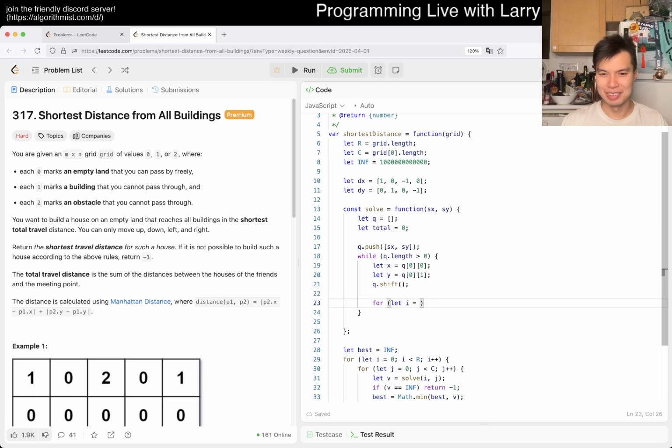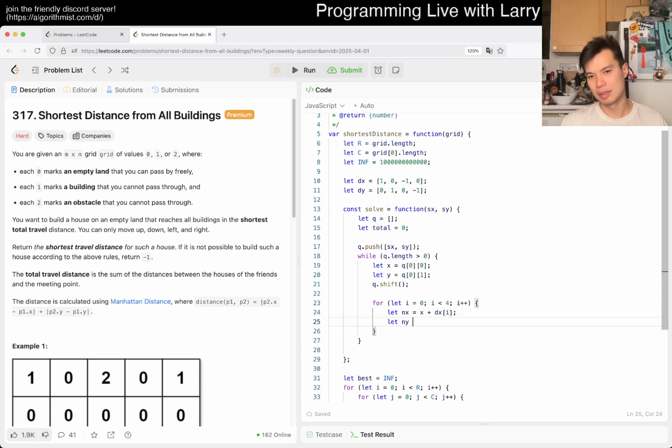Too used to certain syntax. Something like that, right?